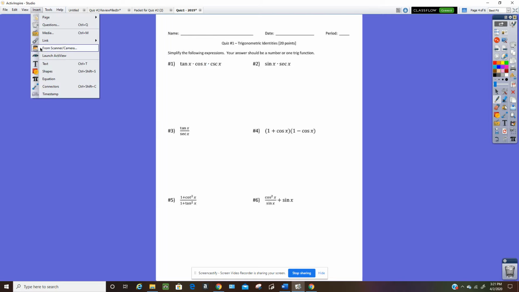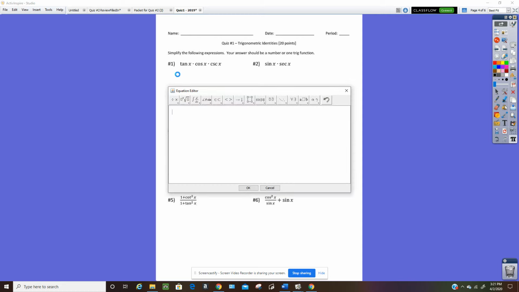So this first one, tangent is sine over cosine. So I'll make a parentheses here. So sine x over cosine x, and then times cosine x. And then cosecant is 1 over sine.